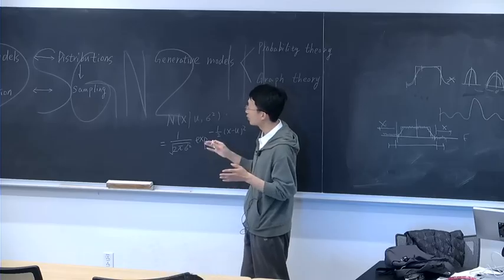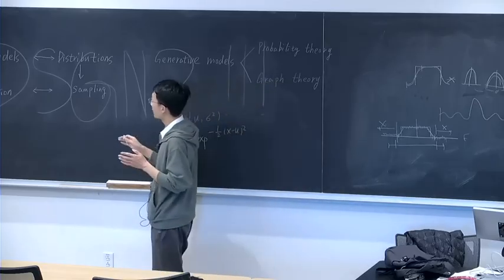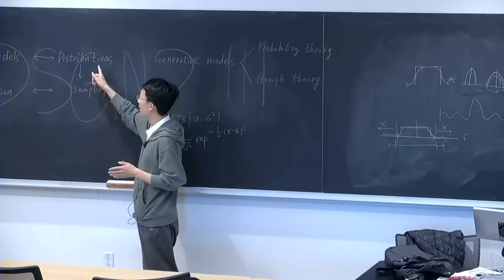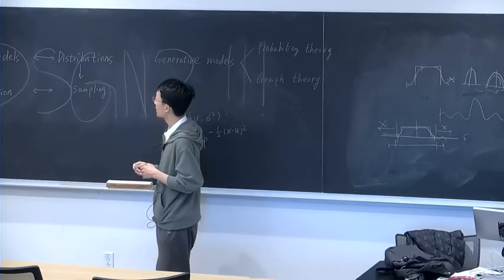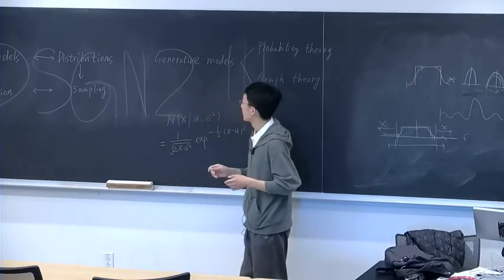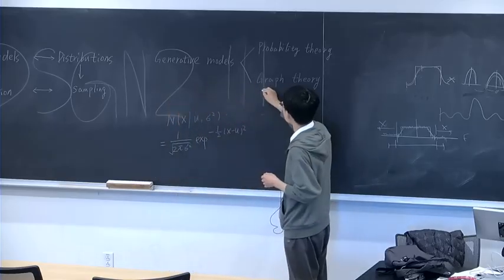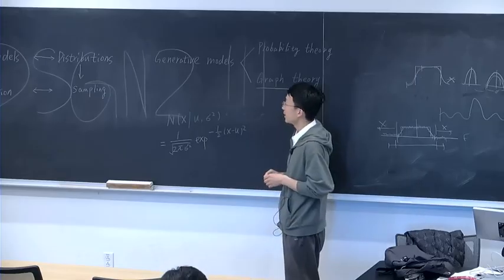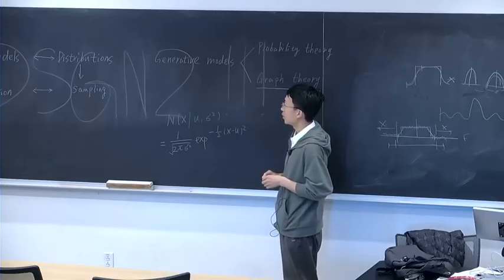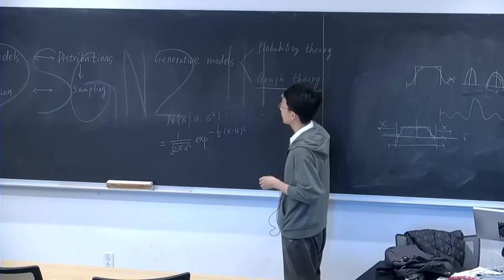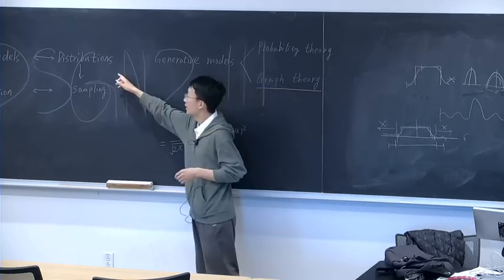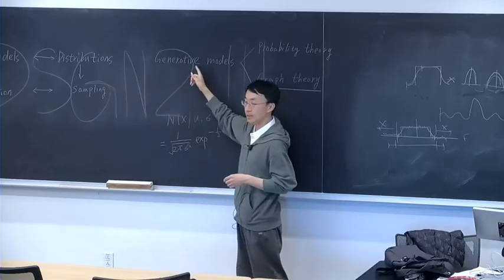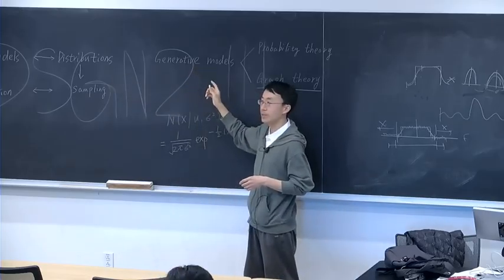So we are going to need tools that allow us to define these distributions effectively. The tool we are going to use is a graph. If you define a distribution using a graph, then you get a generative model, or a probabilistic graphical model.